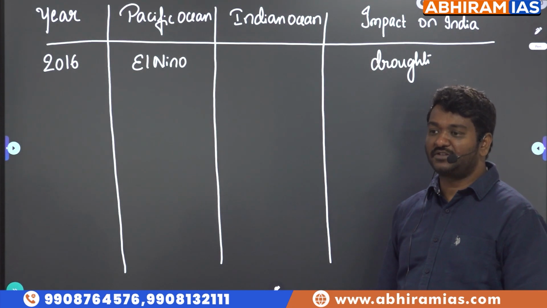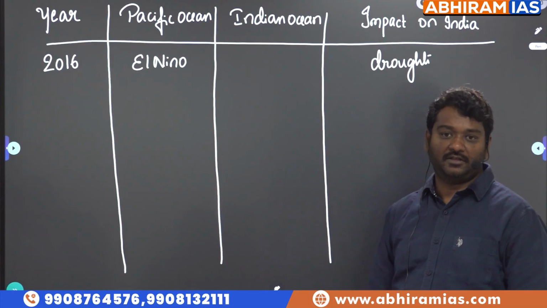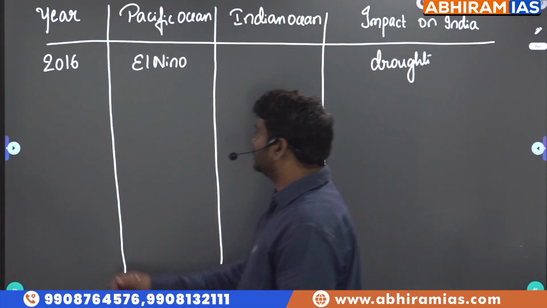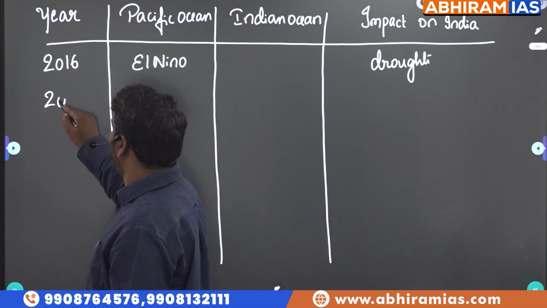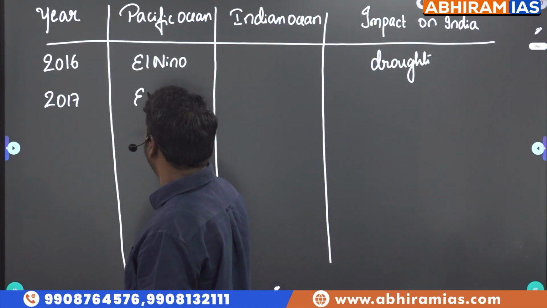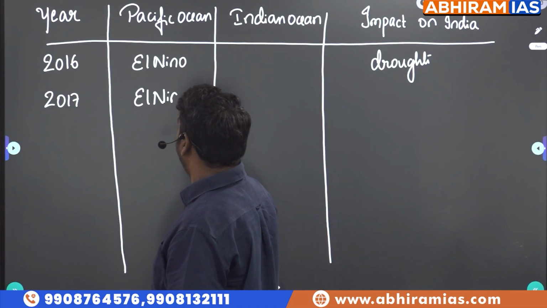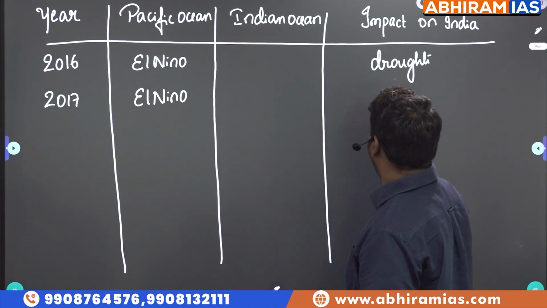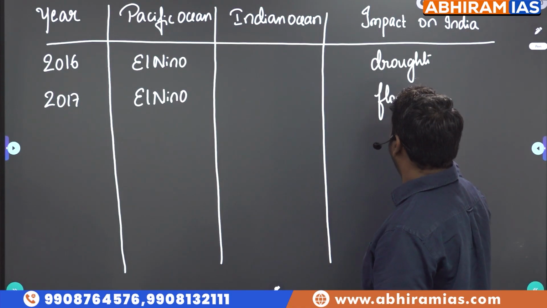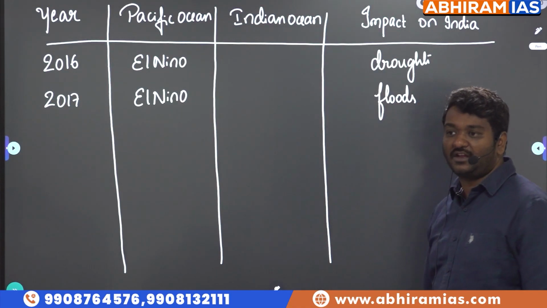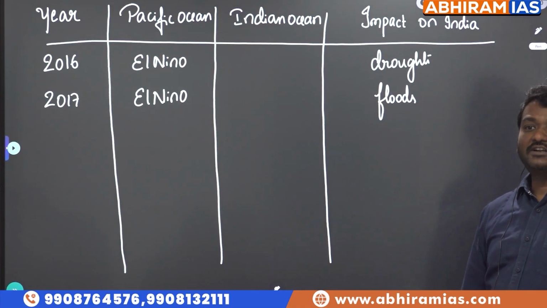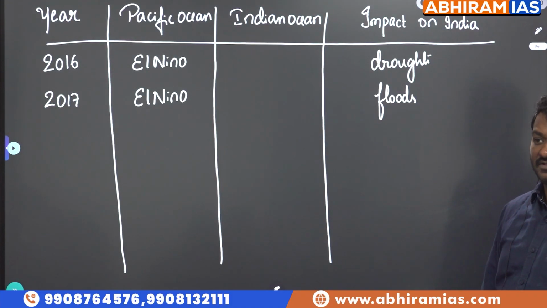Highest temperature was recorded in that particular year. Okay, 2016. 2017 was again an El Nino year, but there were floods in Gujarat and Rajasthan. Floods in Gujarat and Rajasthan means the Arabian Sea branch is giving floods.